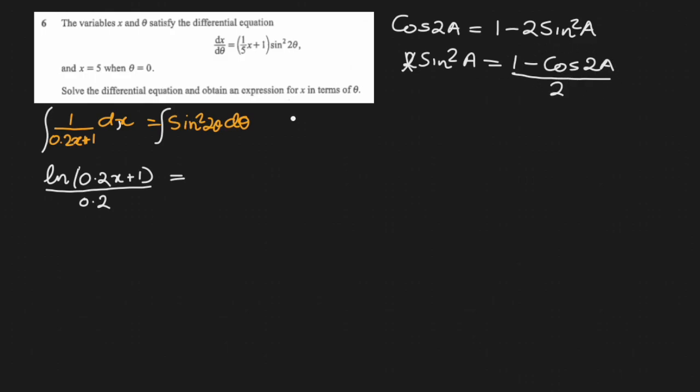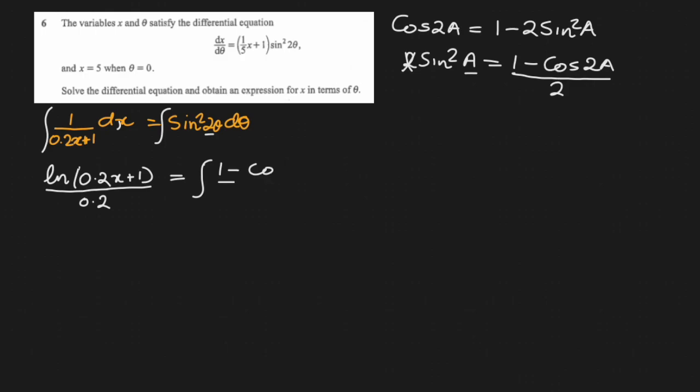But in this question, the angle is not a, the angle is 2 theta. Accordingly, I will write integration of 1 minus cos 2, and in place of a, I'll write 2 theta here, divided by 2 d theta. Or let me undo this and write the divided by 2 outside so that it does not disturb.